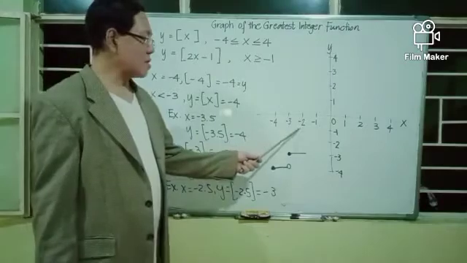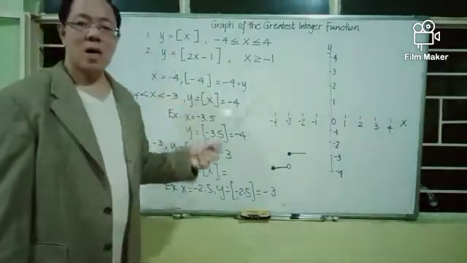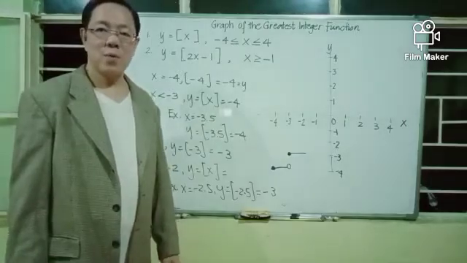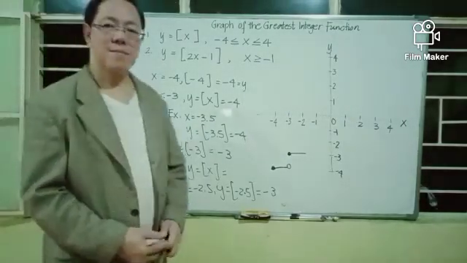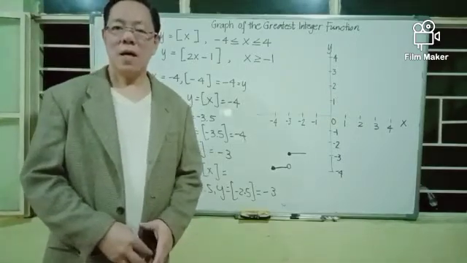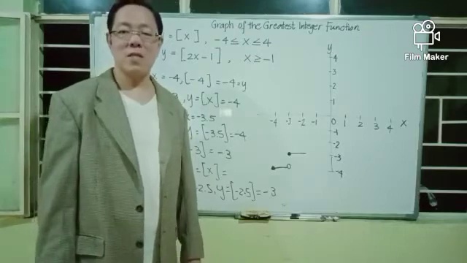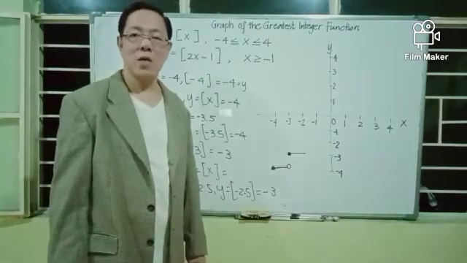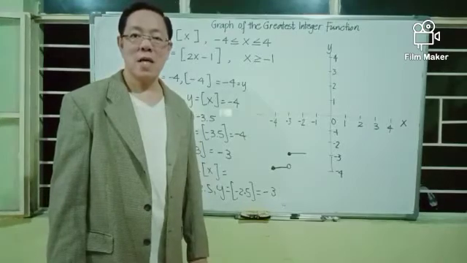But if x is negative 2, the value of y is the floor of negative 2. The floor of negative 2 is the largest integer that is less than or equal to negative 2, and that integer is negative 2.